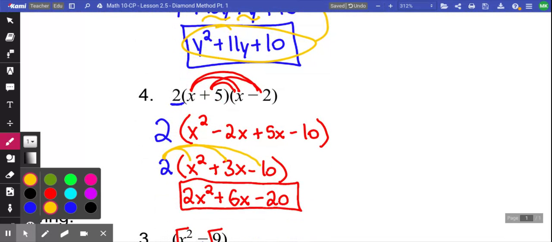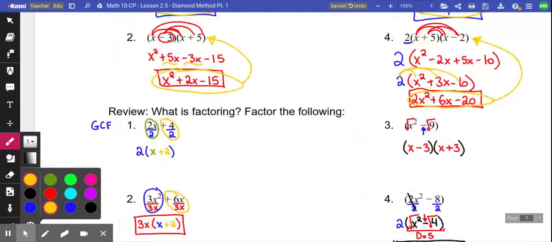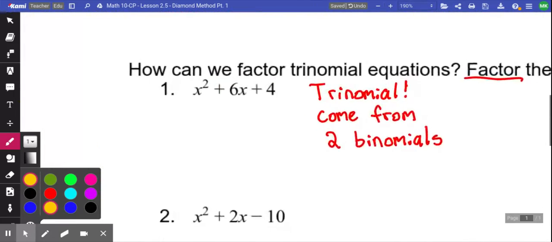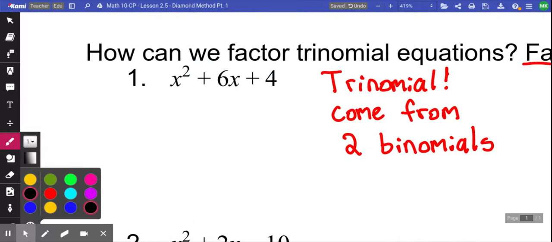This trinomial came from 2 binomials. So the first thing we have to recognize is that if I'm factoring a trinomial, my answer is going to be 2 binomials. That's the first thing I need to put in there. I'm like, okay, when I factor this, there's going to be 2 binomials here.